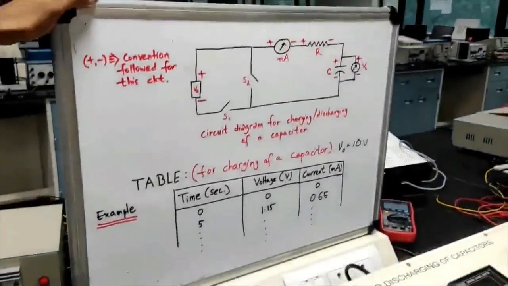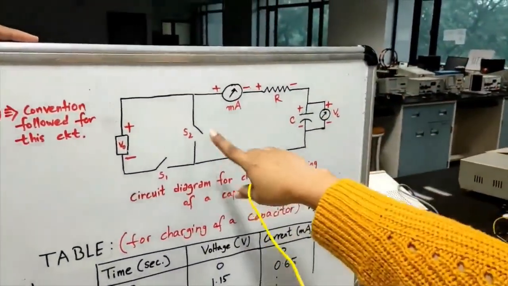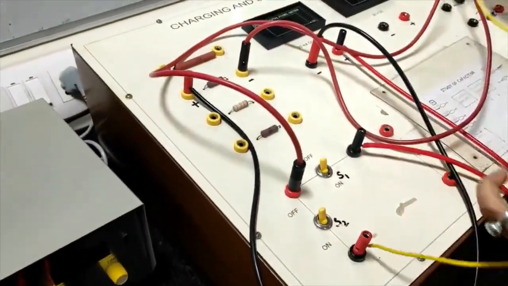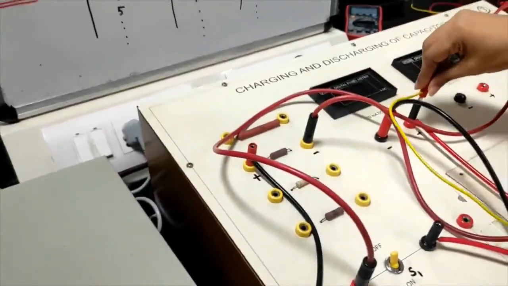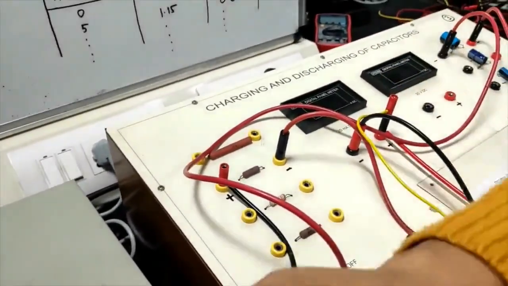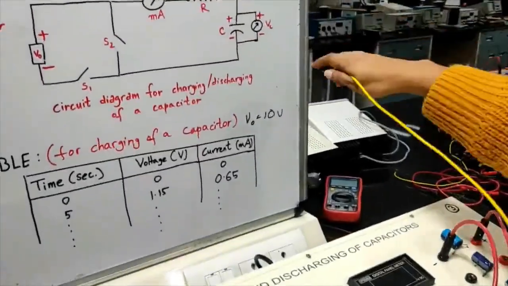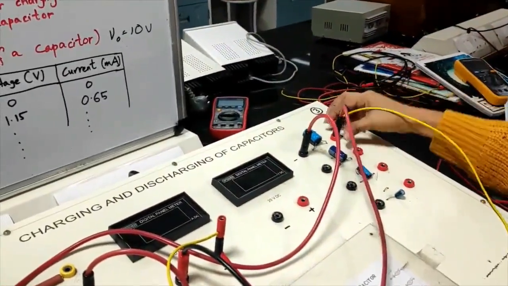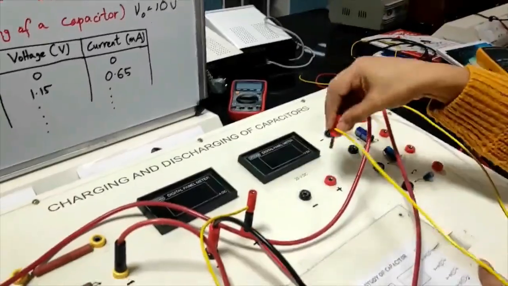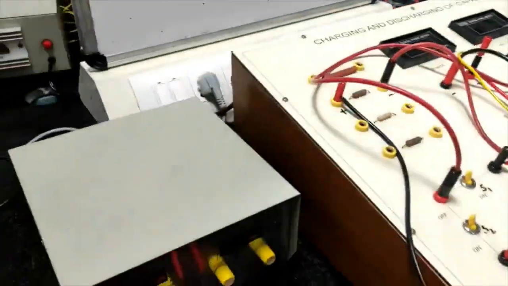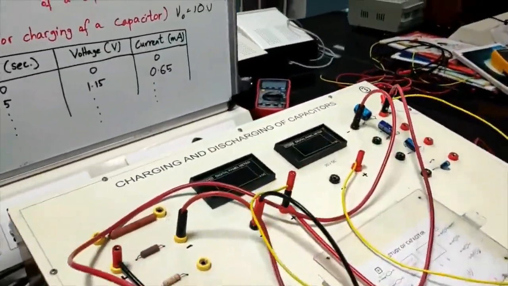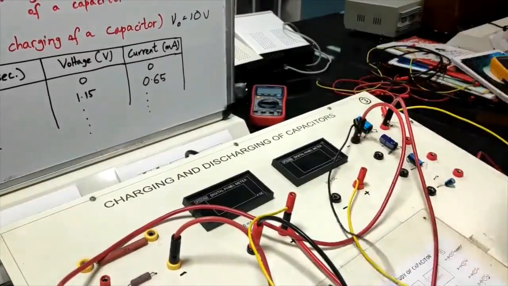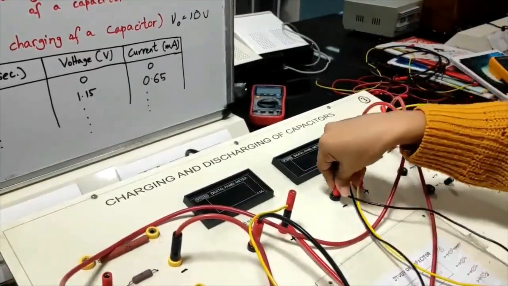And to make the complete circuit, we also connect the switch S2 to the positive terminal of the ammeter. And we have also connected the voltmeter in parallel to the capacitor. So the positive of the capacitor is connected to the positive of the voltmeter, and the negative terminal of the capacitor will be connected to the negative terminal of the voltmeter.